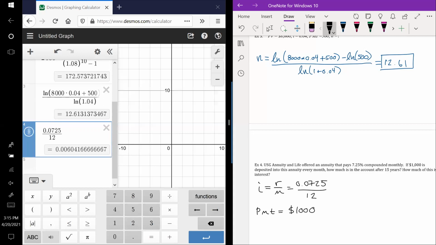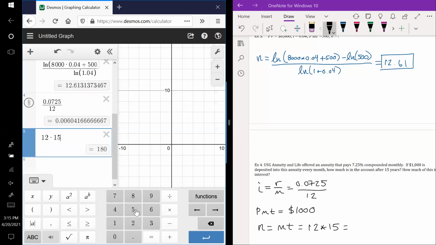So that means we have enough information to set up N. Remember that N is M times T. It's the number of compoundings times time. So we are compounding monthly, so it's going to be 12 times 15 years. And 12 times 15, what's that? 180.